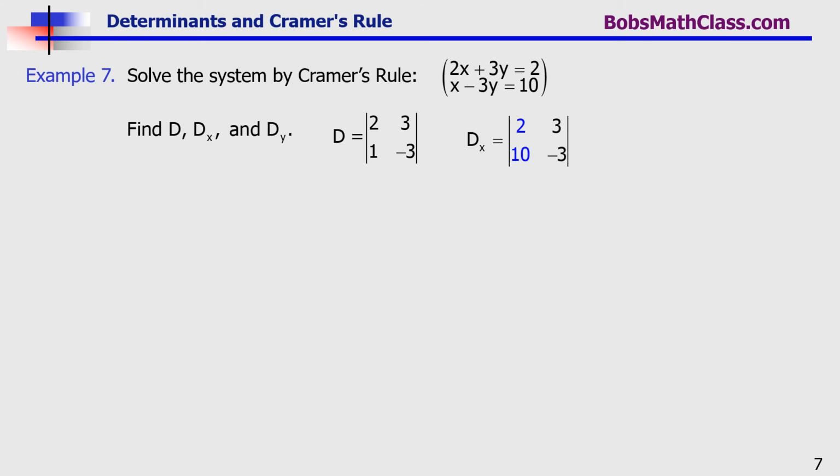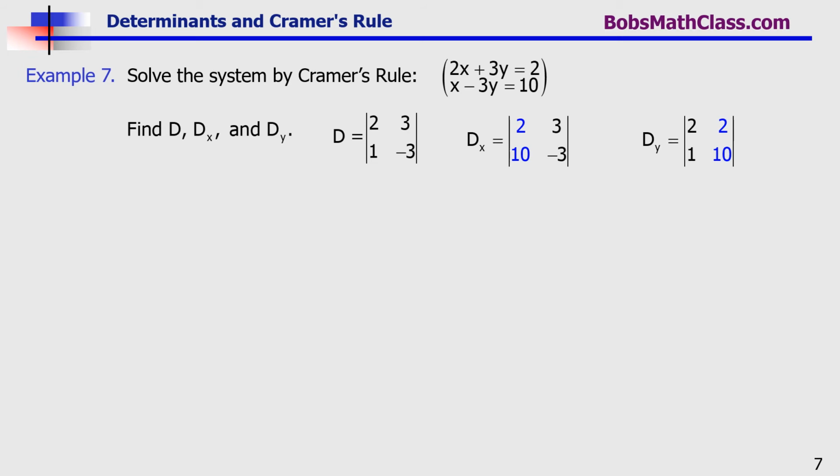So there's dx, 2, 10, and then the y column, 3, negative 3. And when we do dy, the 2 and 10 are going to replace the y column, but the x column will stay what it was in d. So dy is 2, 1, 2, 10.